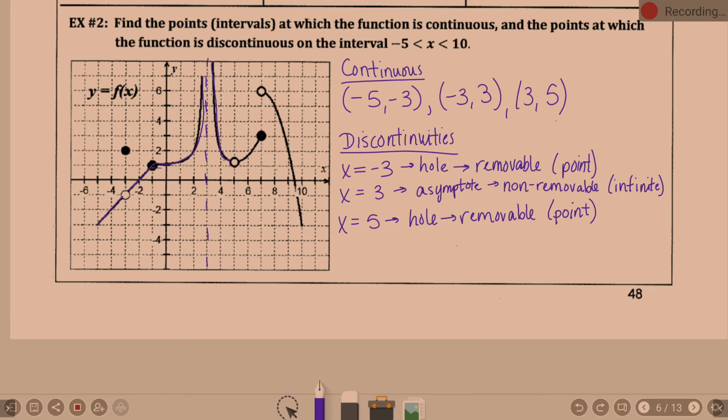Now what? 5 to 7, I'm being told. That's a jump. We're stopping at 7 because there is a jump discontinuity.